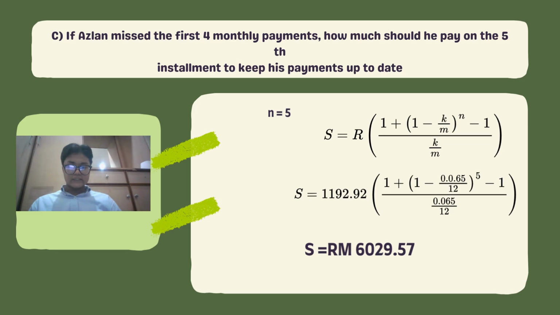S equals 11,092 ringgit 92 cents that we get from the previous question. Open bracket 1 plus 1 minus 0.065 divided by 12 because compounded monthly and power of 5 minus 1 and divide by 0.065 over 12. So the final answer we get is S equals RM 60,029 ringgit 57 cents.